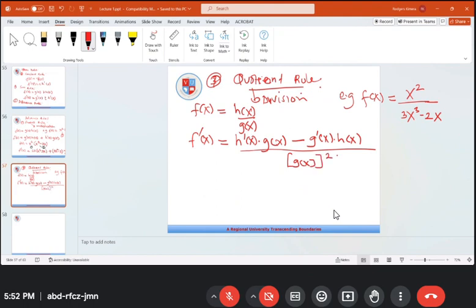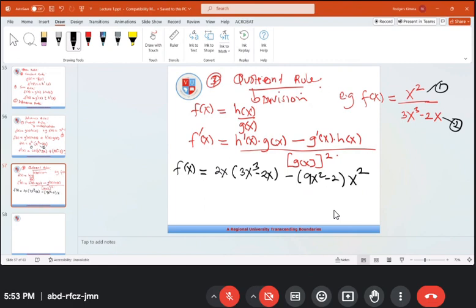Okay, so taking this as an example, if we take this one to be 1 and this one to be 2, you will realize that if I'm interested in finding f'(x), it is going to be the derivative of the first function, which is 2x, times the second function, minus the derivative of the second function, which is going to be 9x squared minus 2, times x squared, all over the second function squared.